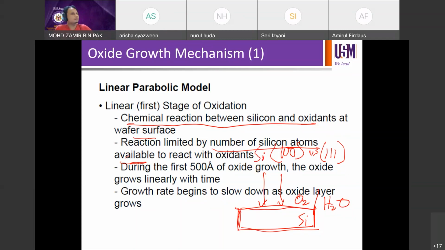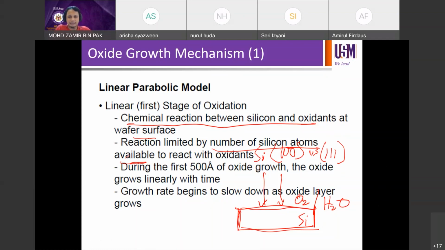Anyone? Any guess? See the points there? Reaction is limited by number of silicon atoms available to react with the oxidant. So 100 ke 111 yang lebih banyak silicon atoms available?